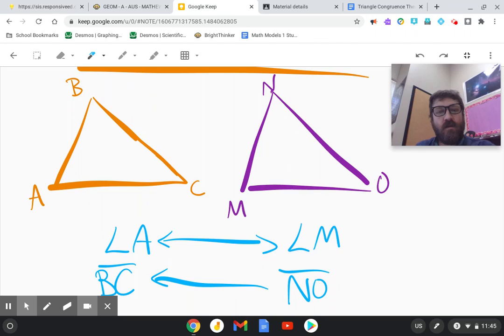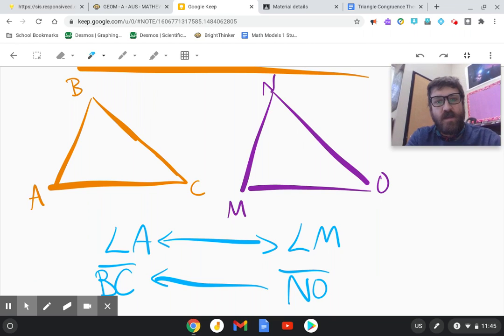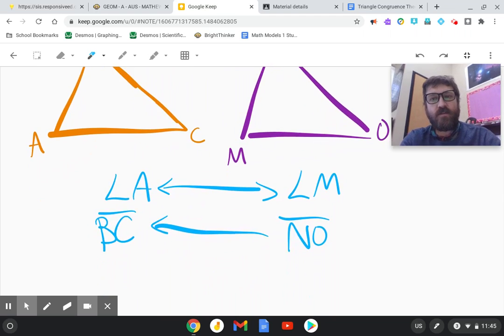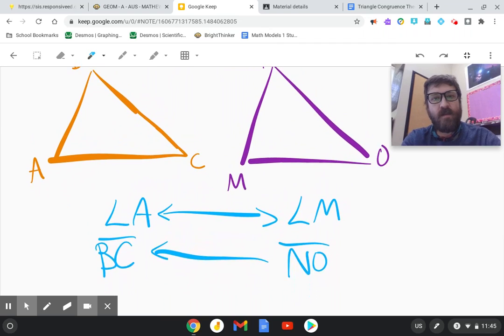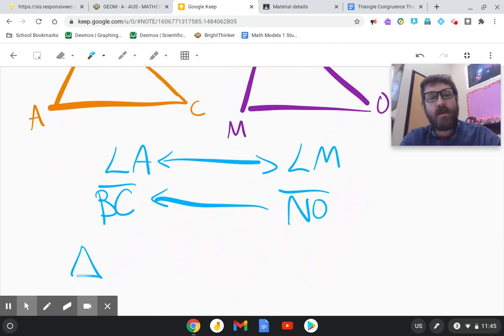So we're always going to be looking for corresponding parts of triangles. Now there are other examples. Angle B and angle N would be corresponding, or side AB and side MN would be corresponding. And then of course I could refer to the two triangles, and when I name them, I want to name them in a corresponding way.